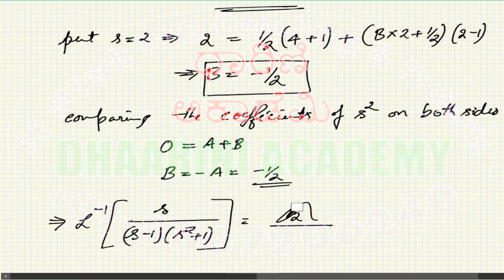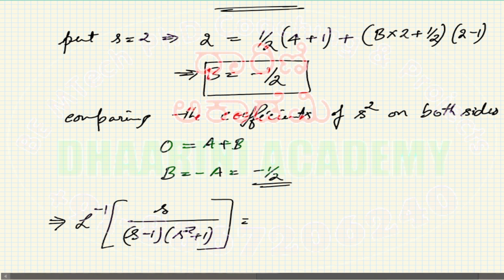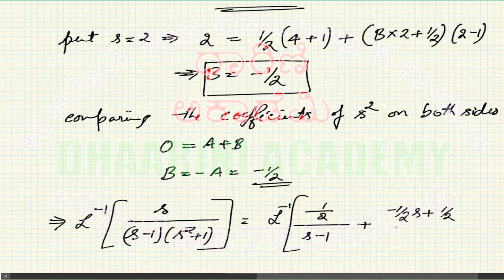So this is L inverse of a, so a is half over s minus 1, plus the b value was minus half, bs plus c, which is half, divided by s square plus 1, right?